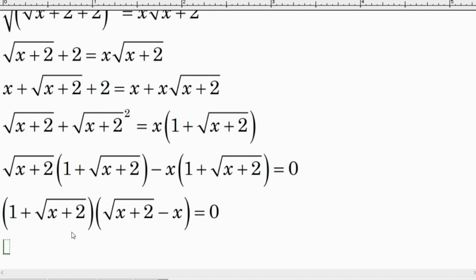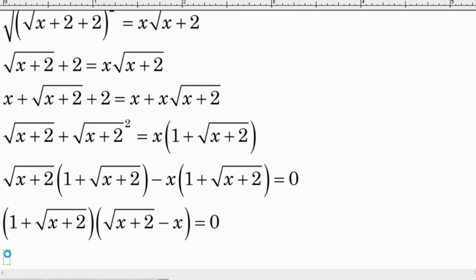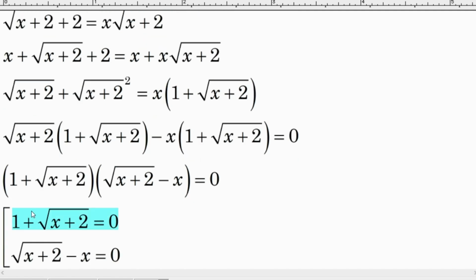Now we have two factors multiplied together equal to 0, so we can set each factor equal to 0. Here we have 1 plus square root of x plus 2. Square root of x plus 2 is always greater than or equal to 0, so when we add 1 it must be greater than 0.